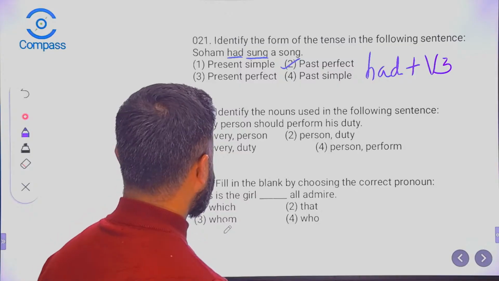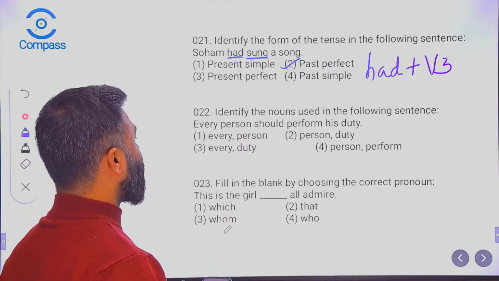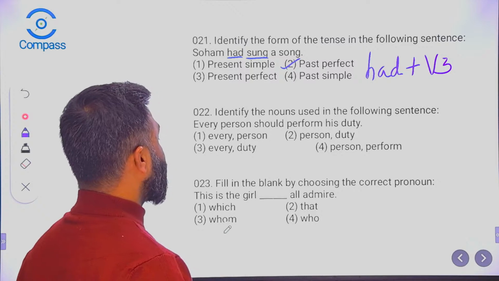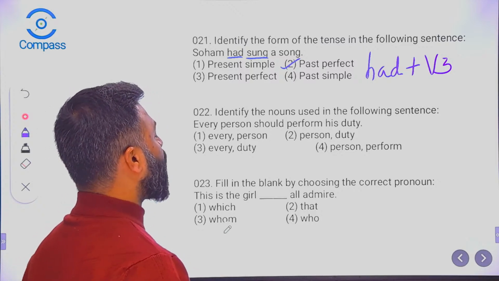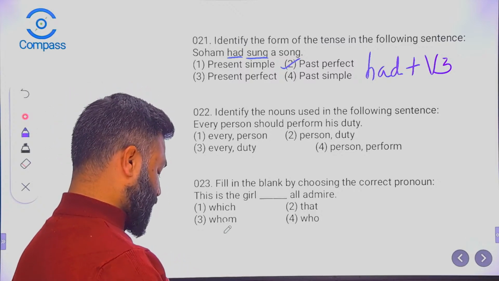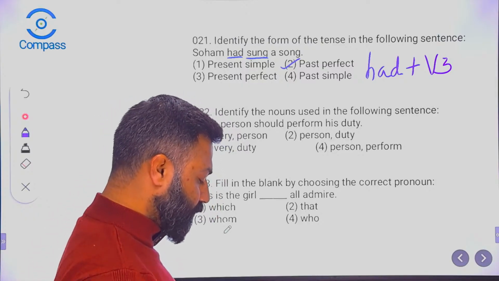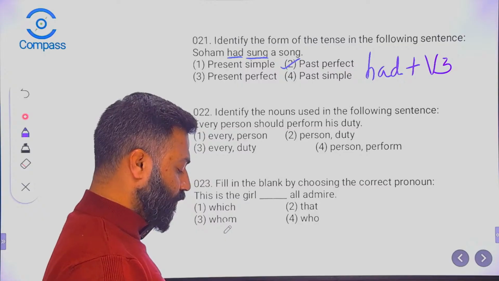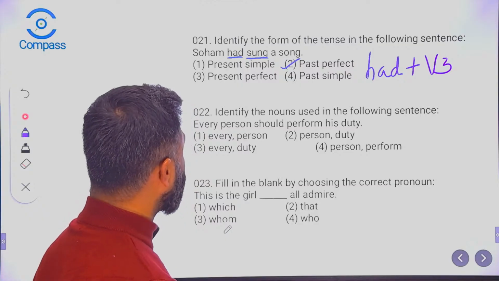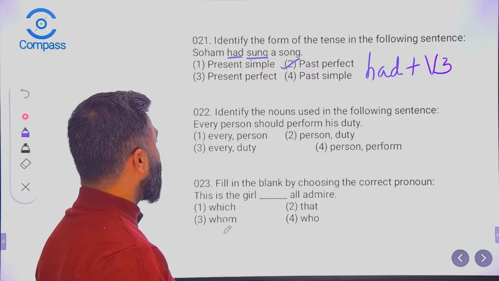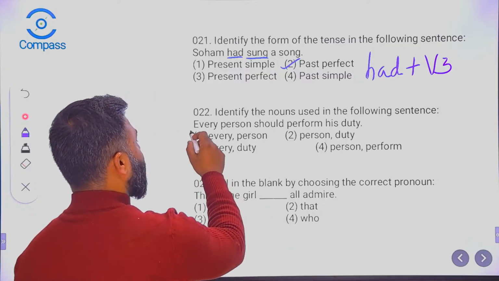Okay, let's proceed. Question number 22. Identify the nouns used in the following sentence. Every person should perform his duty. Yes. What should be the right option? You have to identify the nouns. Okay, let's try. Is it every?